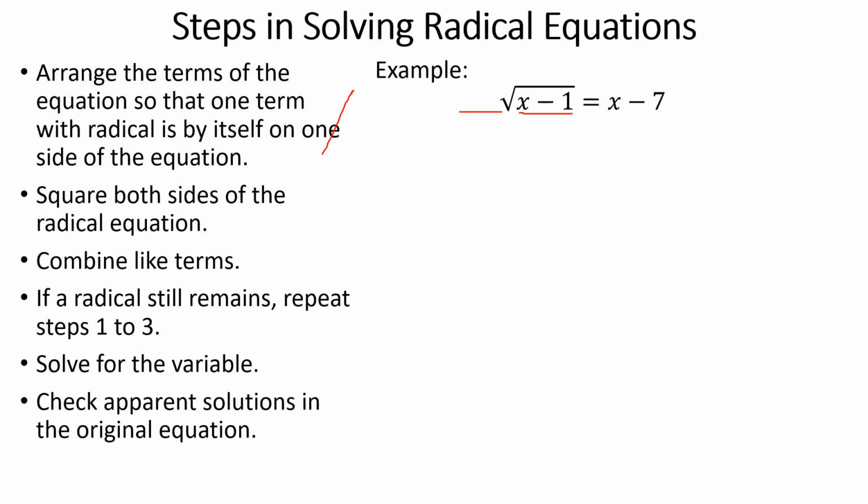Wala na siyang kasama. So ang gagawin na po natin, we have to square both sides of the equation. Okay, masyadong malaki yung squared. So squared, then maglalagay rin po tayo ng square dito sa kabila.